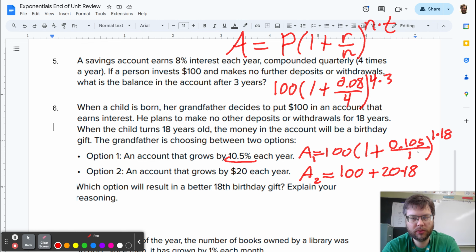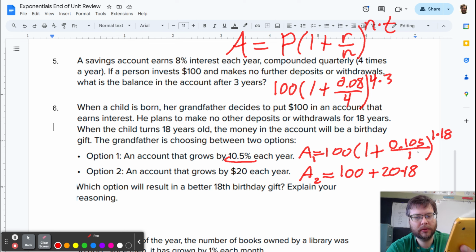And that's true even though the first year it only earns like $10 because 10.5%. So it earns $10.50 in its first year versus option 2 earns $20 in its first year. So for the first couple years of the kid's life, it seems like option 2 is better, but then eventually option 1 gets better.